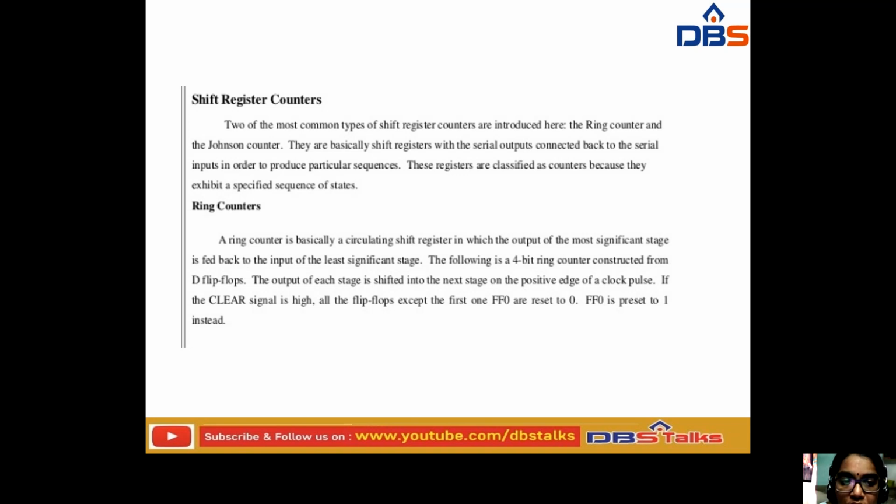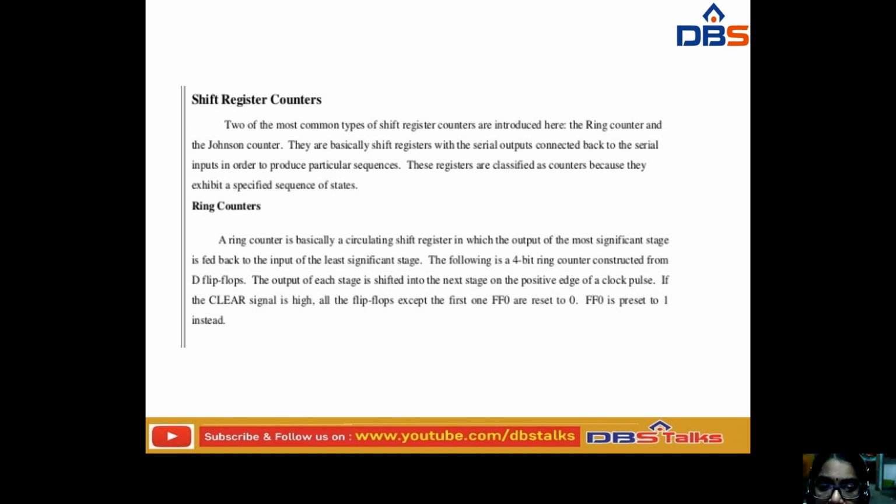The ring counter is basically a circulating shift register in which the output is fed back to the input of the least significant stage. This is a 4-bit ring counter constructed from D flip flops. The output of each stage is shifted into the next stage on the positive edge of the clock pulse.